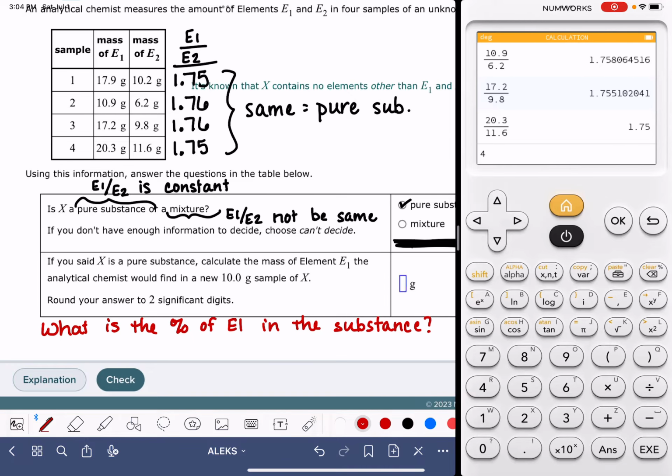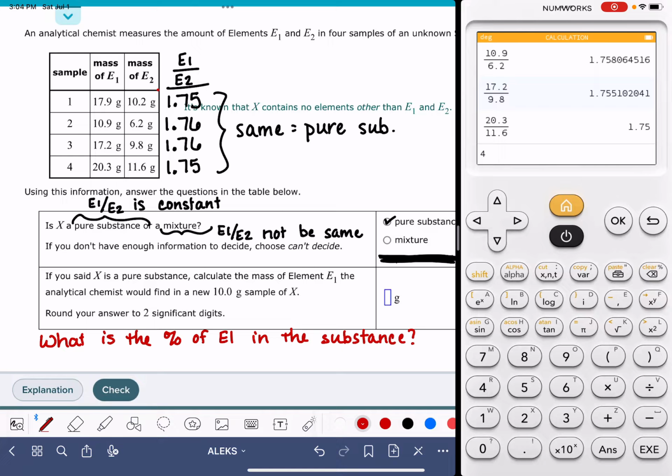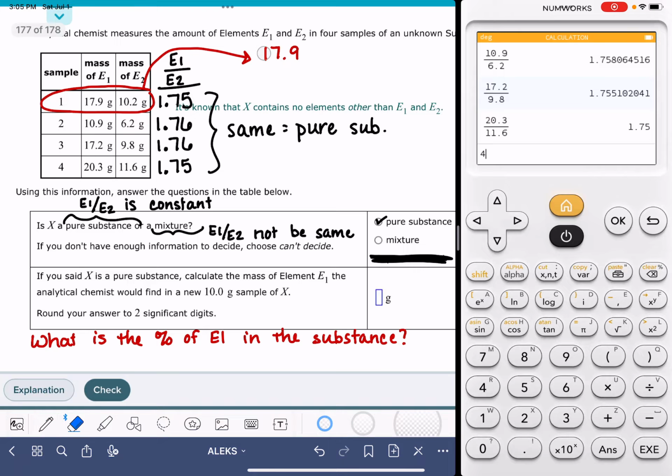We can pick any one of the samples that we want to do this calculation. I'm just going to use sample number 1 just because it's on top. For sample number 1, I'm going to calculate the percent by mass of E1 in this whole sample. To do that, I am going to take the mass of E1, which is 17.9, and I'm going to write the equation out first.